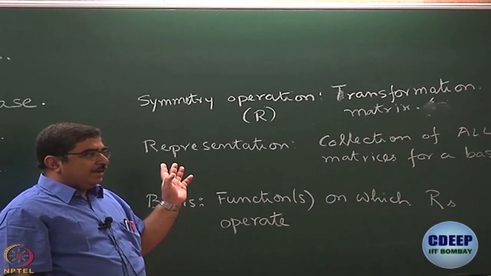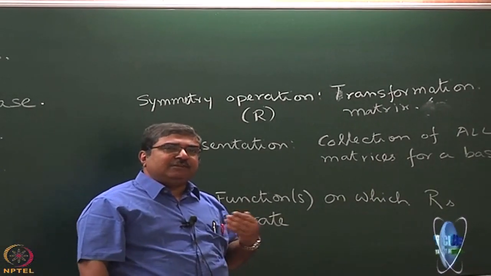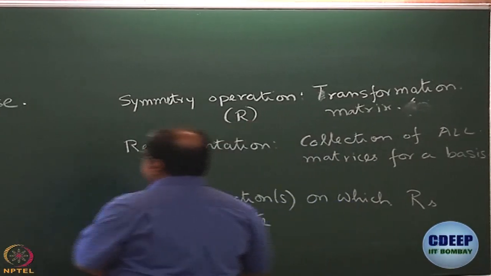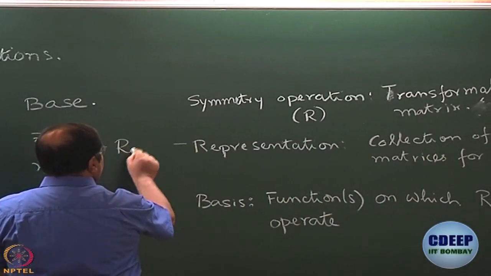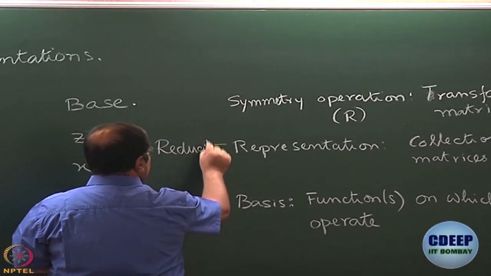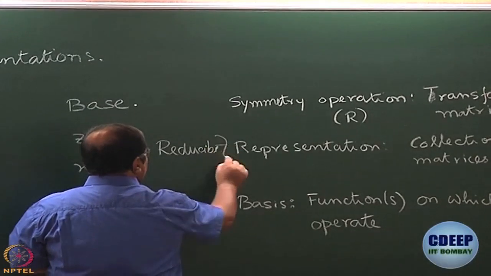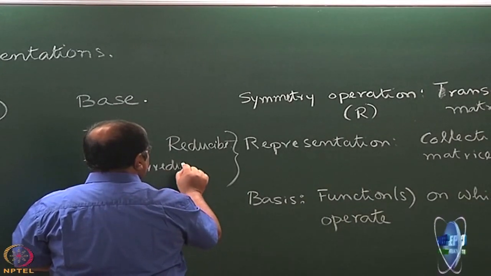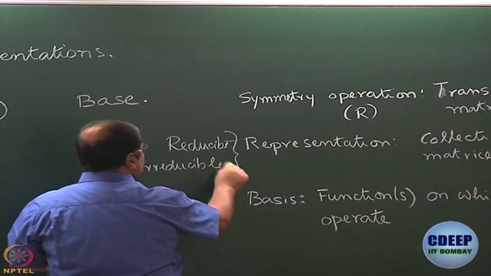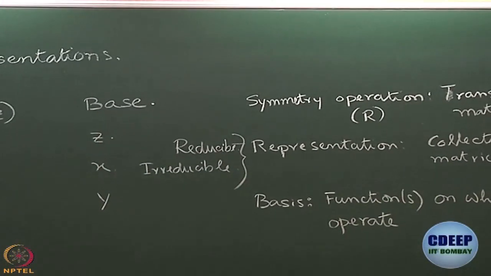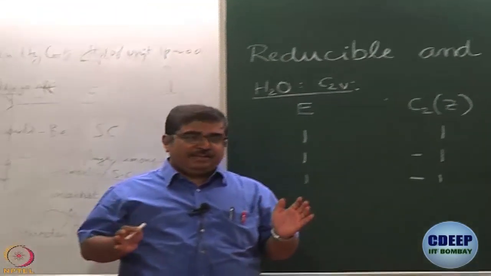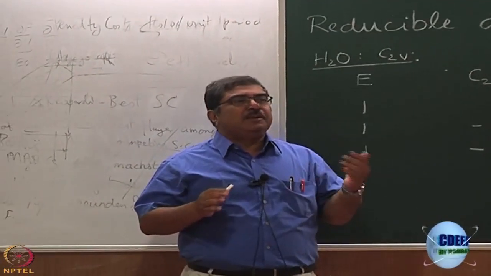All right, and as we have discussed towards the end of the last class, representations can be reducible or they can be irreducible. What is the meaning of a reducible representation? A representation in which you have larger matrices that can be block factorized in the same way to give you smaller representations.